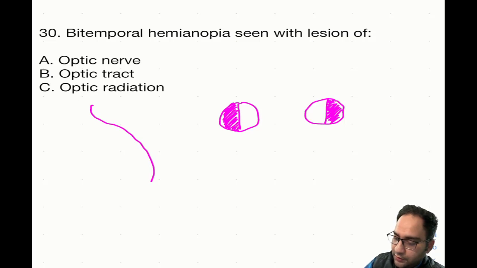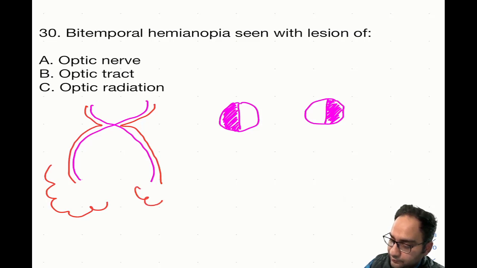So you know this pathway, the optic pathway, right? You have the nasal fibers, and you have the temporal fibers, right? So the lesion is here.